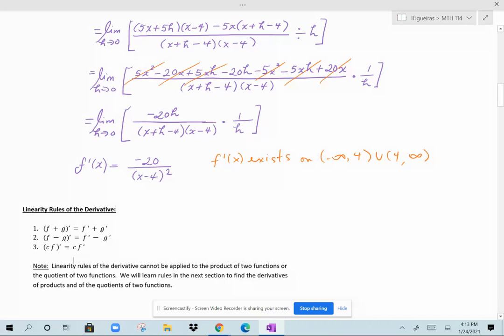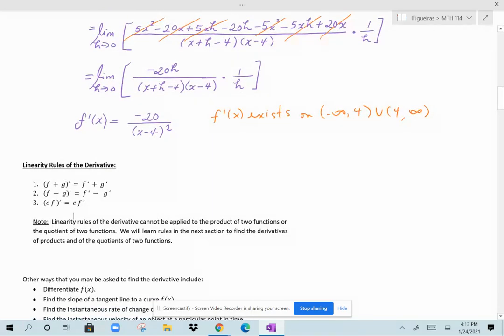Okay, so we cannot apply these rules, the same idea, to a product. In other words, the derivative of f times g is not the same as the derivative of f times the derivative of g. That is not true. And it's also not true for quotients.